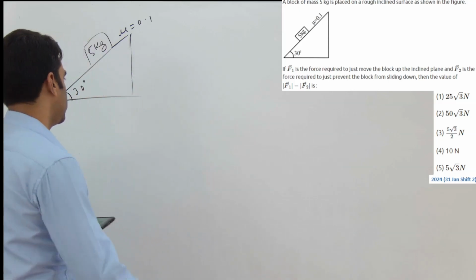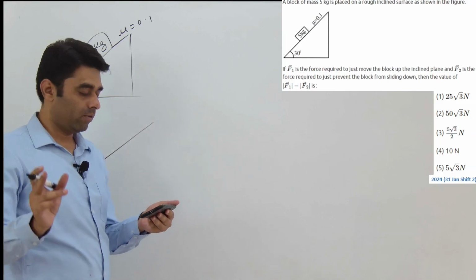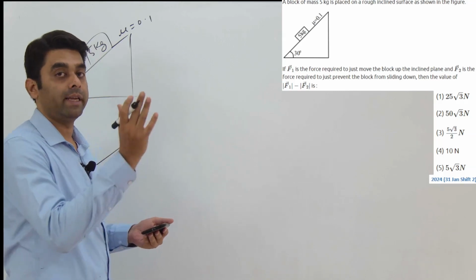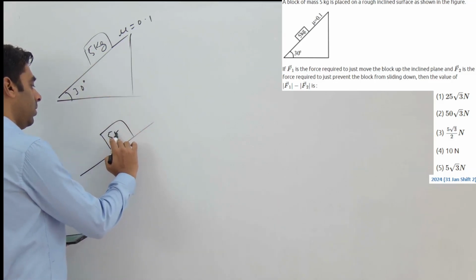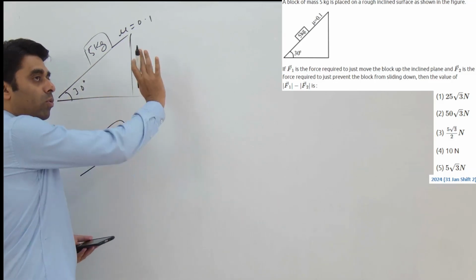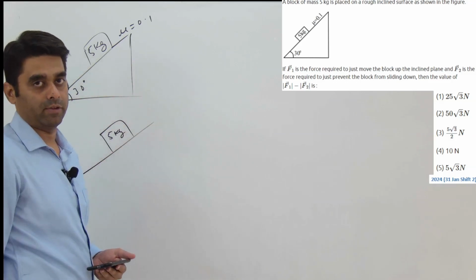Okay, so let's draw two situations. F1 is the force required to just move the block up the incline. Now, this 5 kg block will have a tendency to move up, which means the friction will be acting in the downward direction.